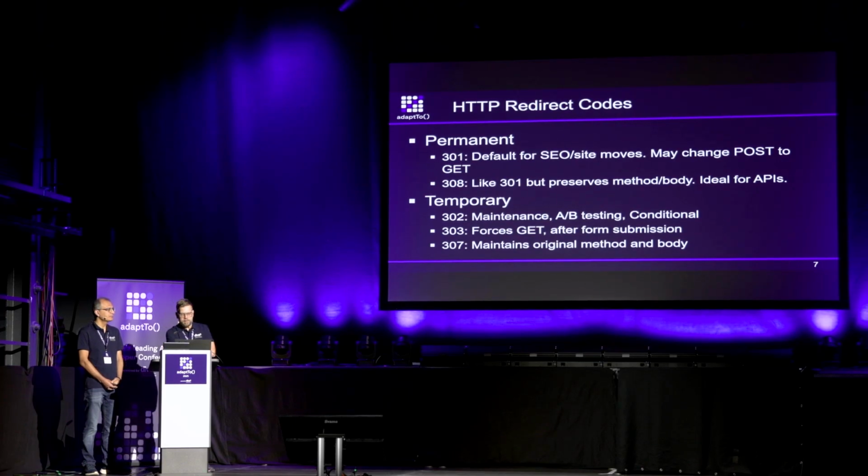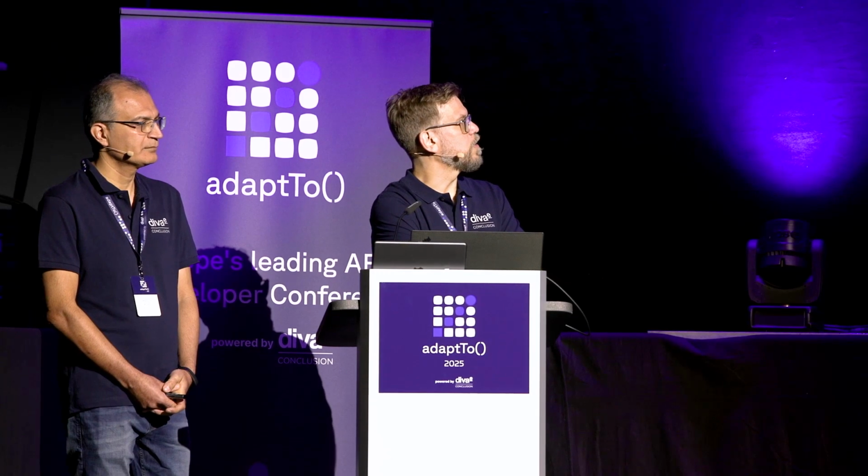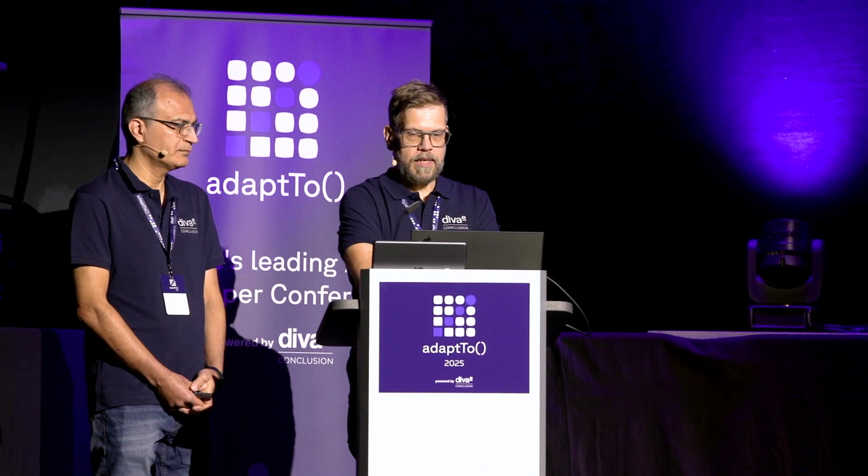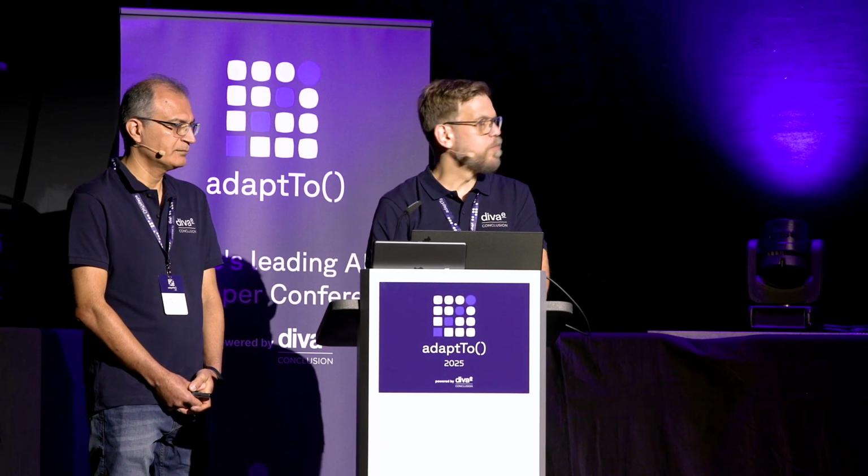Again, it is not guaranteed that the method will be preserved, so there's also a 307, the temporary redirect, which will give you that guarantee. And then we have the 303, which is a bit of a special case.